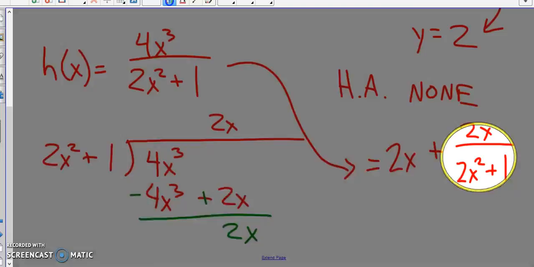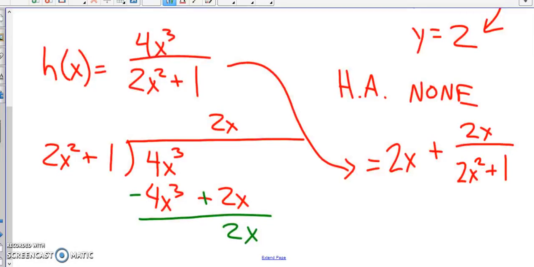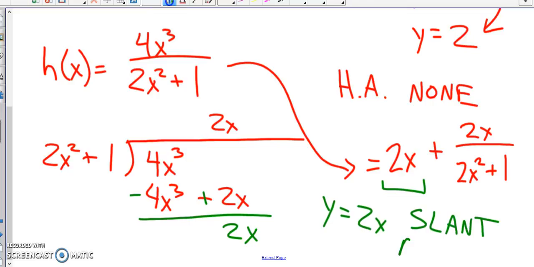So that means that your function, when you get out away from the y-axis, is going to approach that piece right there. So y equals 2x is the slant asymptote.